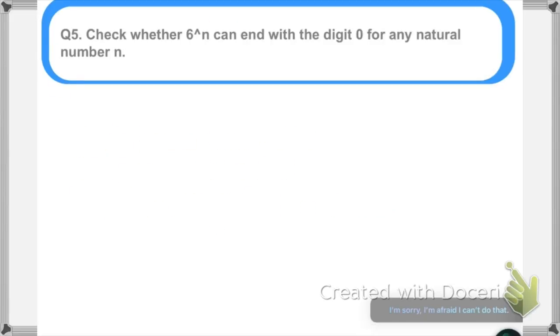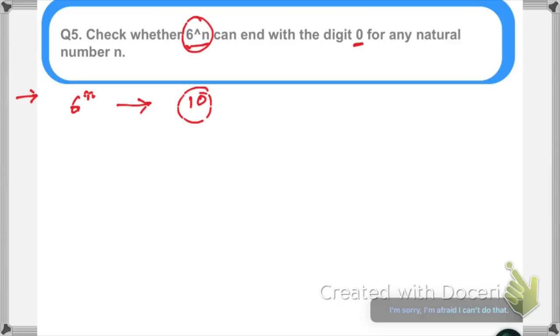Here in the next question you have been given: check whether 6 to the power n can end with digit 0 for any natural number n. Okay, we have to find whether this 6 to the power n can end with digit 0. We need to find that. So for any number to end with digit 0, it should be divisible by the number 10.